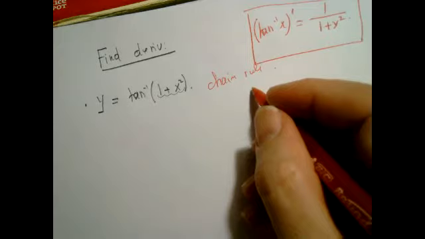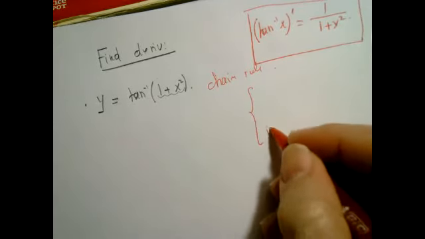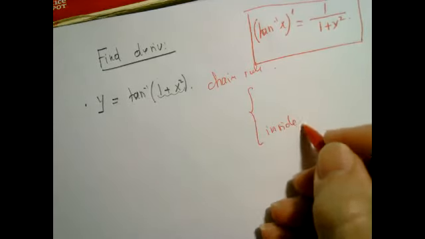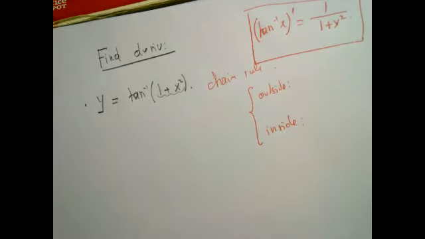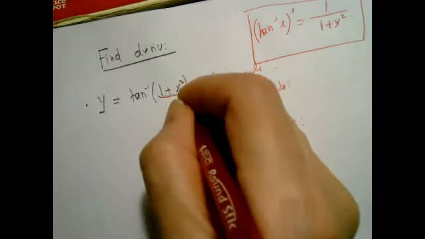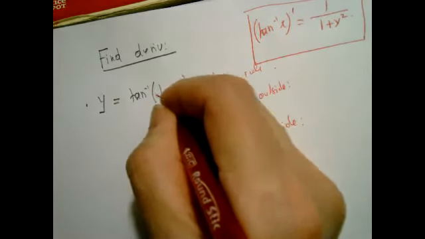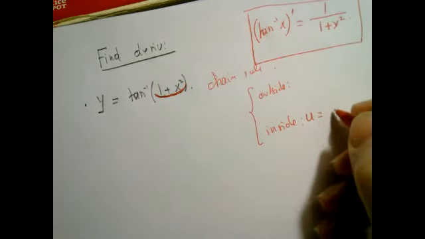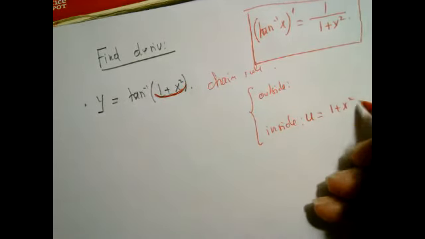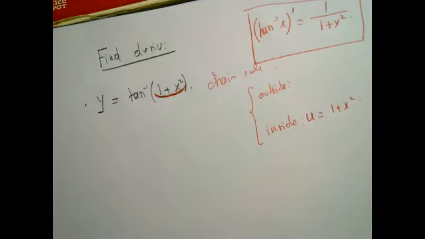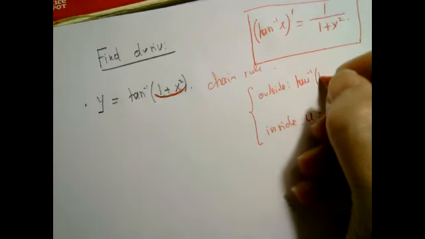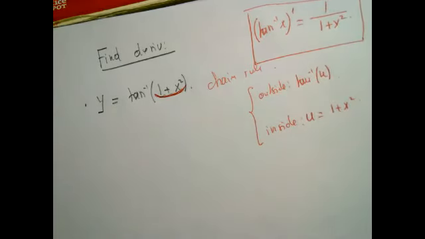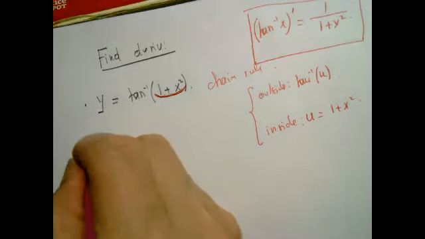Okay, so what's my inside and what's my outside? Crucial. My inside is my u, or g of x. My outside is the tangent inverse. So what is my derivative?